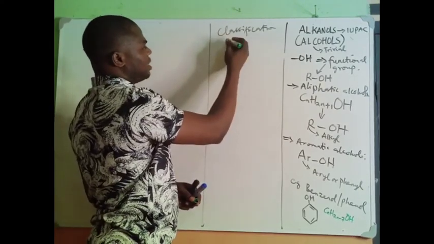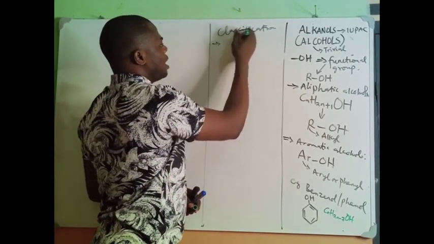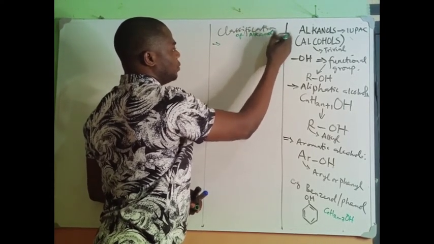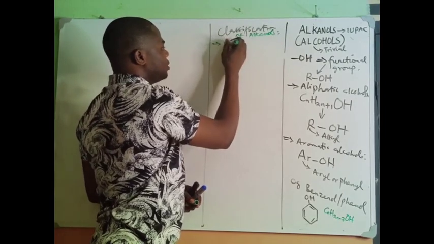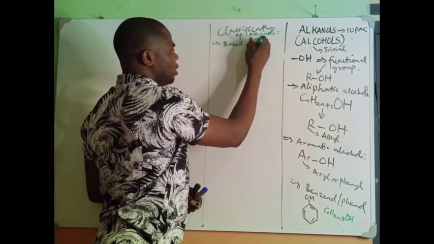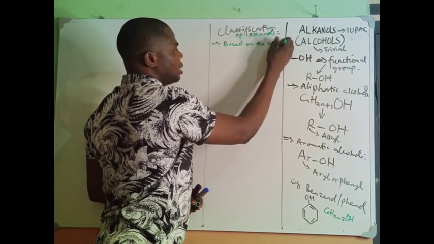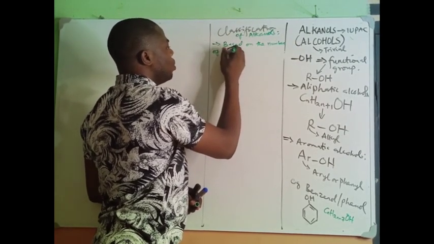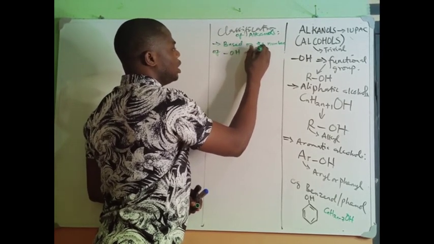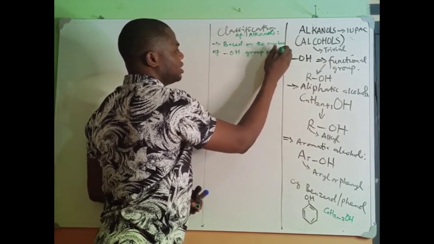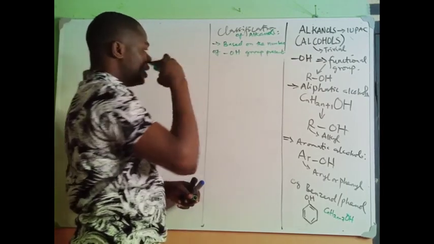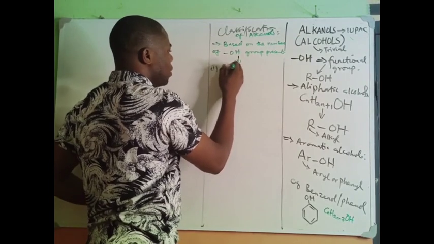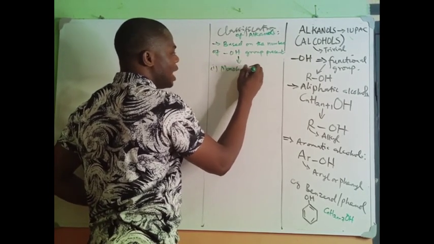First, based on the number of OH groups present, we have what we call monohydric alcohol.